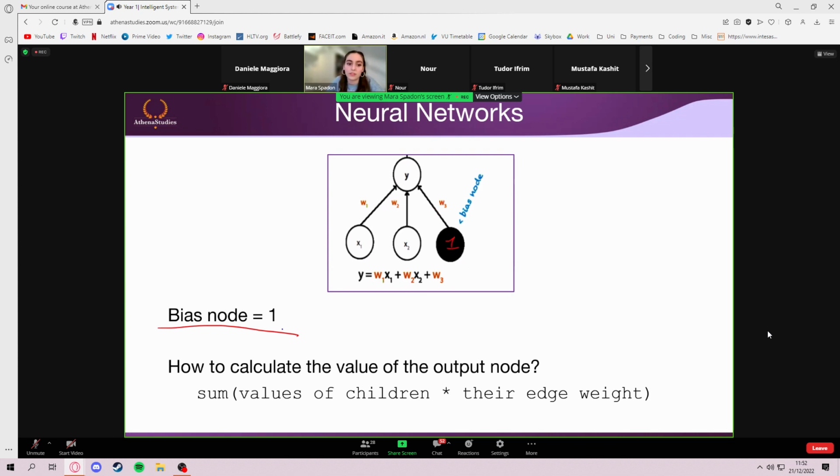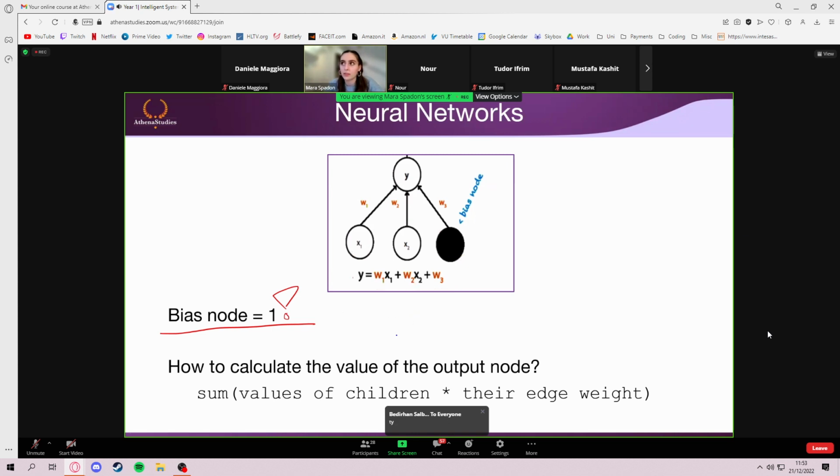So that's something you really need to remember. Is that the only function it has? Yes, this is all you need to know. The bias node, the value is 1. Yeah, exactly.